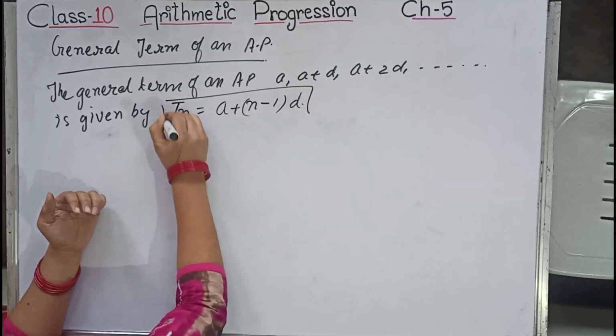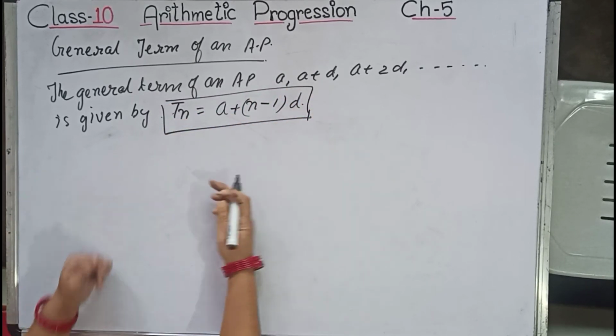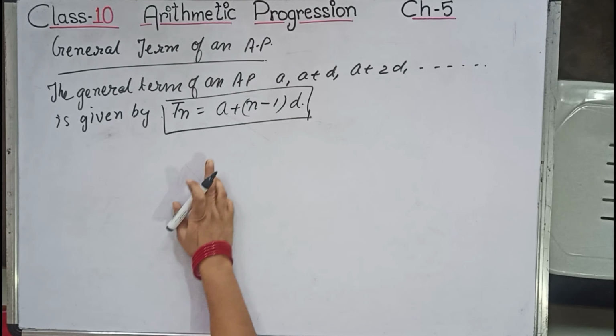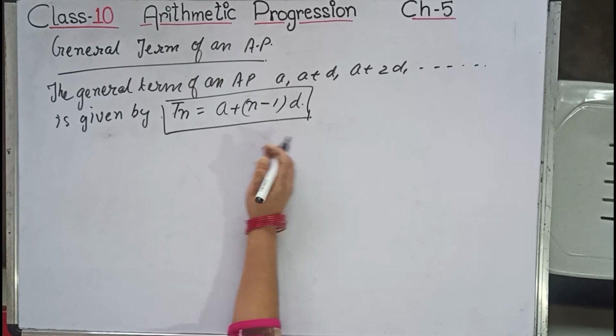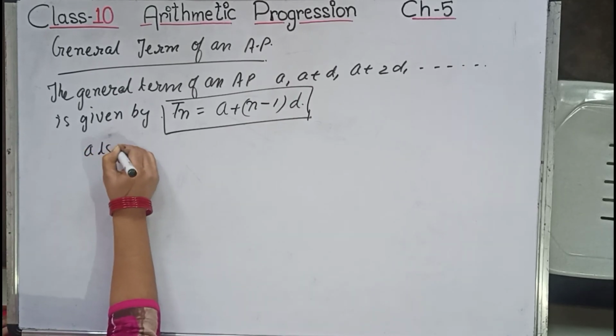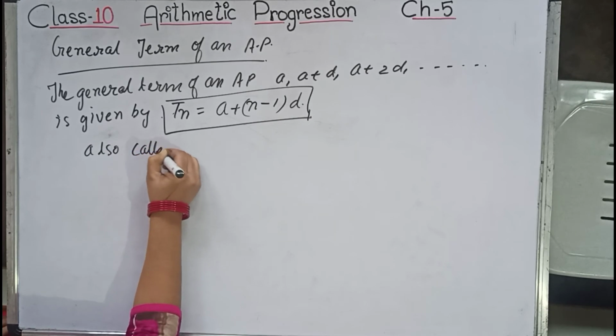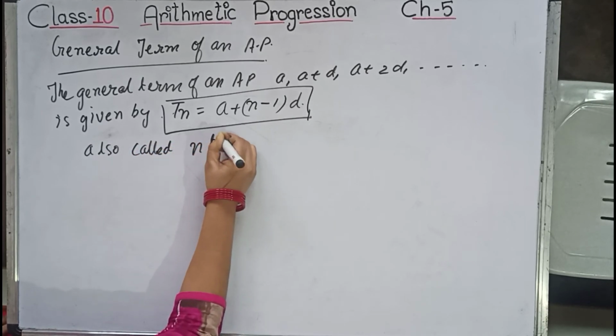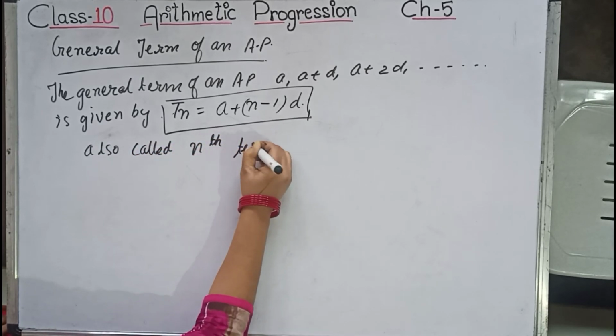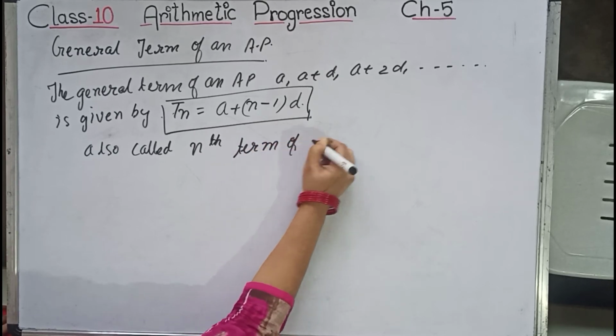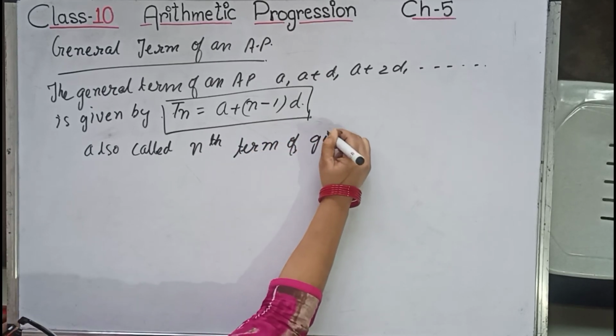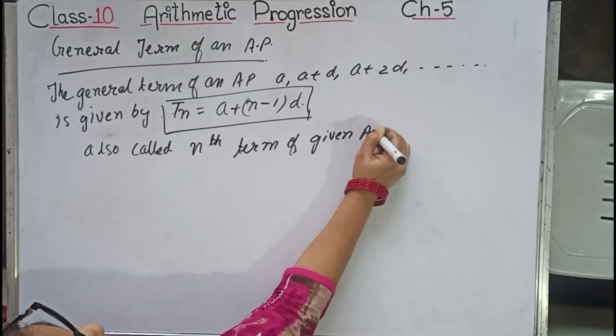So we have to prove that the nth term, that is the general term of an AP, is a plus n minus 1 into d, also called the nth term of a given AP.